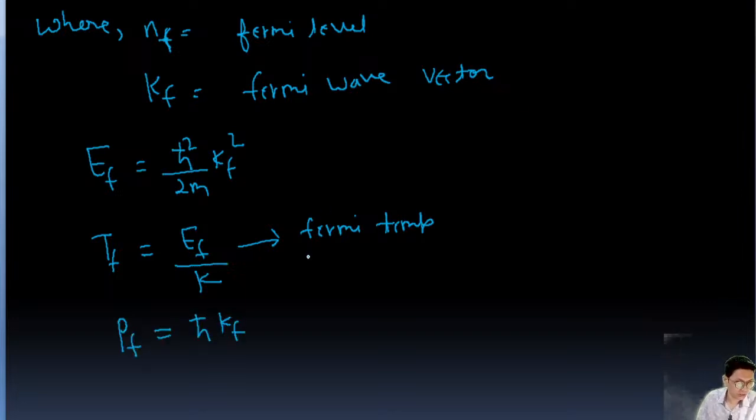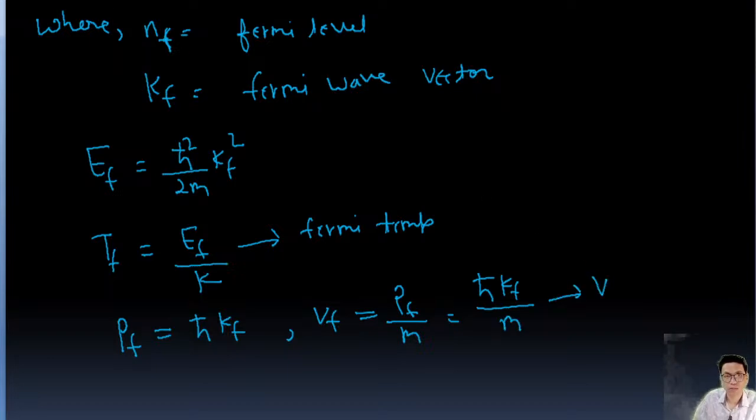And vF, Fermi velocity, is equal to pF upon m, that is h cut kf upon m. vF is Fermi velocity.